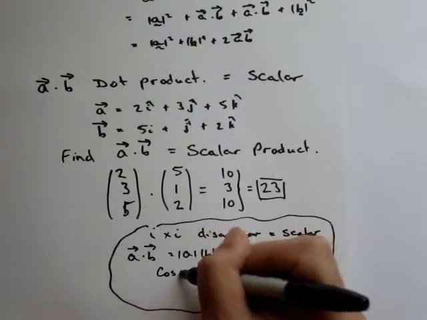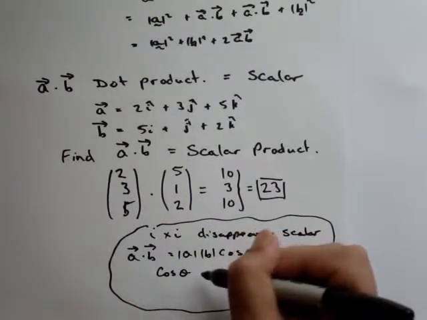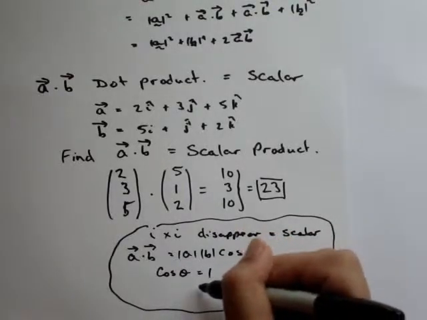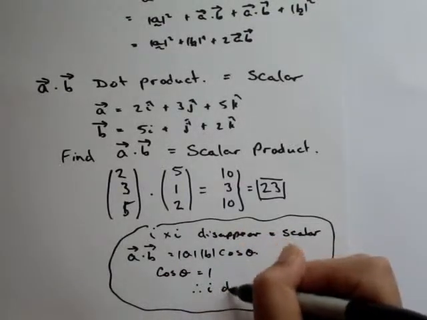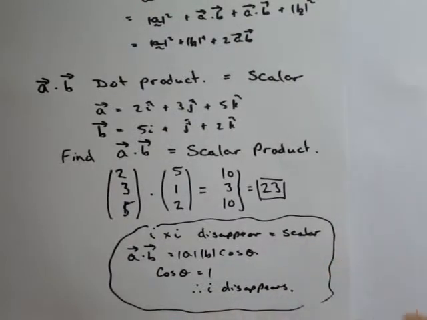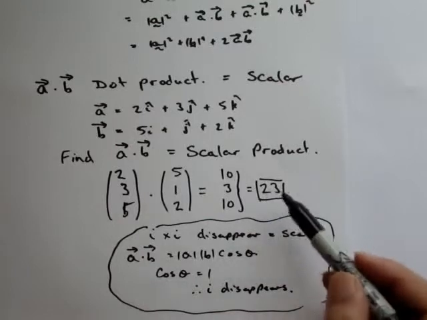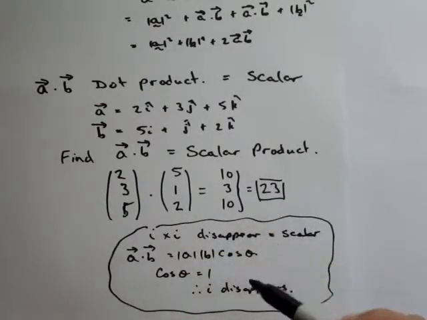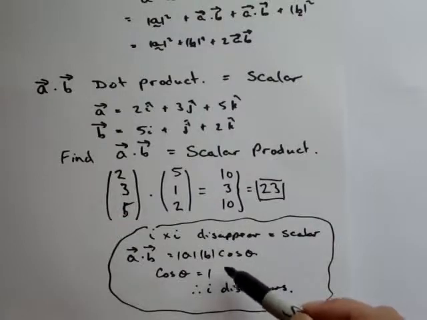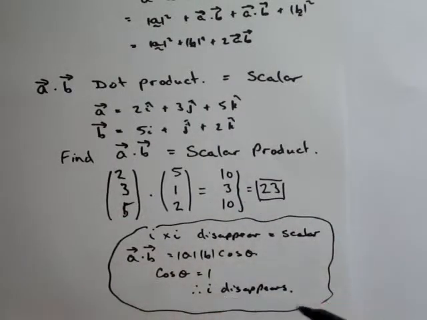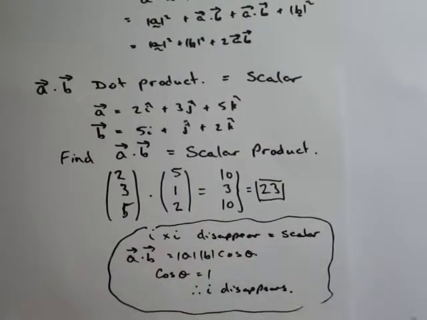Our cos theta, when we multiply the i with the i, equals 1, and then the i disappears, leaving us with a scalar product. Similarly, k times k cos theta is 1, and j times j cos theta is 1, and they disappear, leaving us with a scalar product.